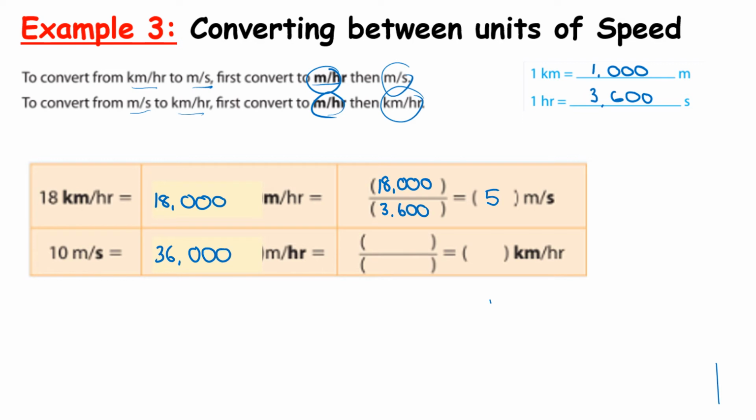That's why if we're going from meters per second to kilometers per hour, so really the small units to the bigger units, we'll do the multiplication piece, the seconds to hours, first. So that is 36,000 meters per hour. Now I'm going to convert meters to kilometers. That involves division. So I have 36 kilometers per 1 hour. That gives me 36 kilometers per hour.